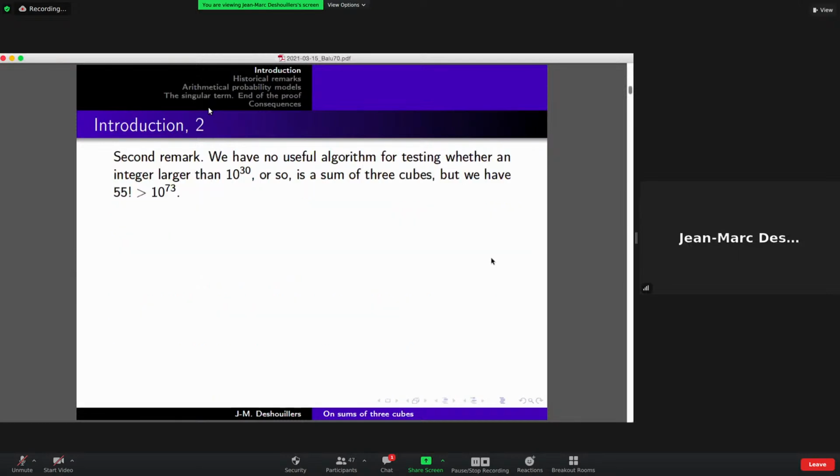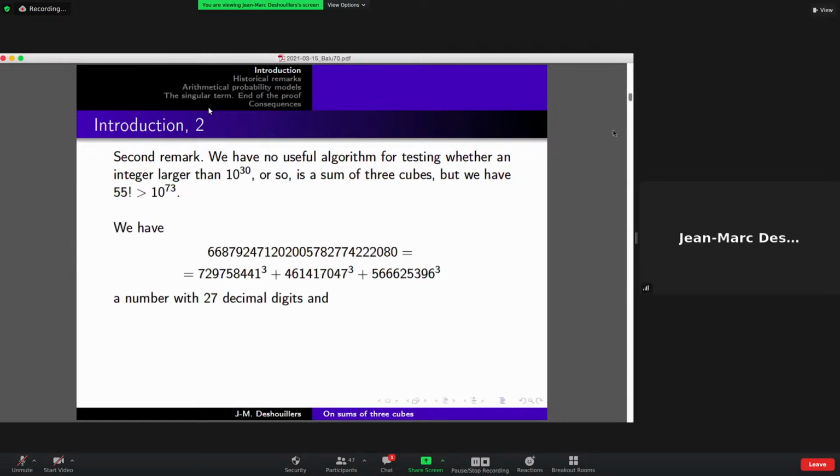There was also a second remark: we have no useful algorithm for testing whether an integer larger than 10 to the 30 or so is the sum of 3 cubes. But we have, for example, 55 factorial, which is larger than 10 to the 73. So what is the trick? The trick is the following: if you take this number, a number with 27 decimal digits, you can run an algorithm showing that it is a sum of 3 cubes.